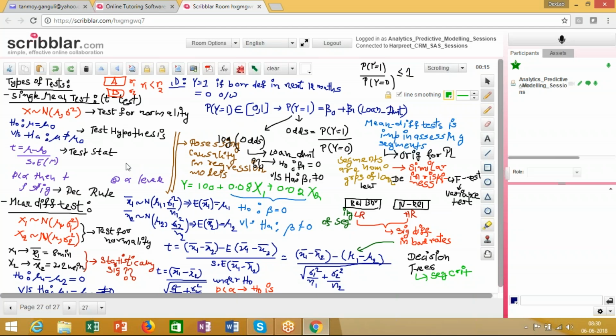To assess the stability, we need to ensure that there is, first of all, a significant difference in the mean, and that significant difference continues over any given period of time. So if I give you a segment A which is less risky than segment B, the bad rates in segment A should always lie below that of segment B. This is the overall idea.